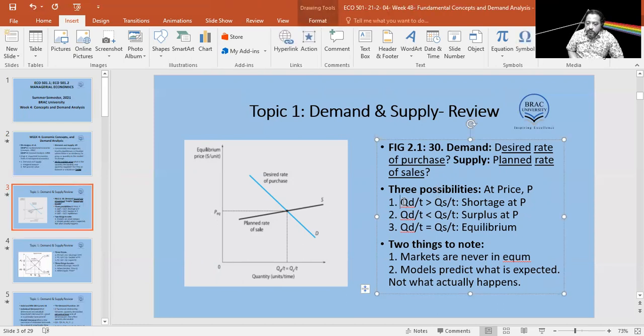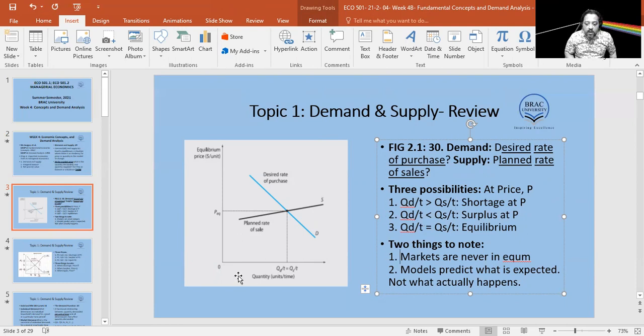At a price, if we see demand is more than supply, this was demand, this was supply, so demand is heavier than supply. Intuitively, it's a shortage. If we see the opposite, supply is more, demand is less, we see a surplus. If they balance, it's equilibrium.